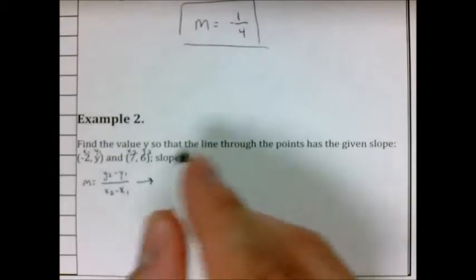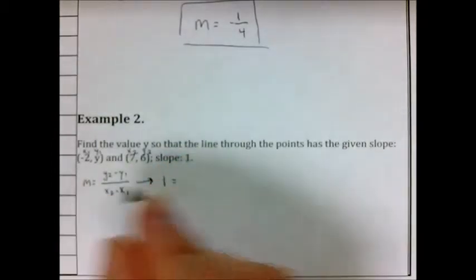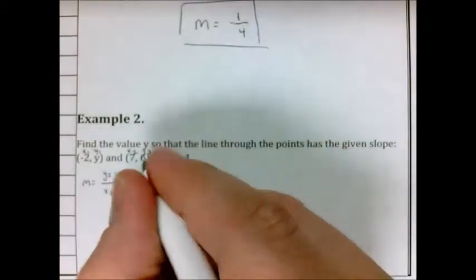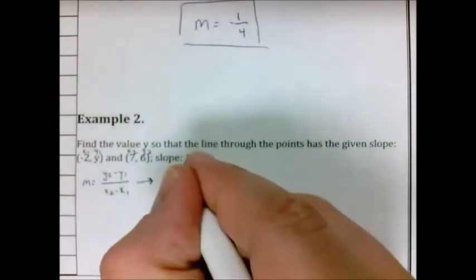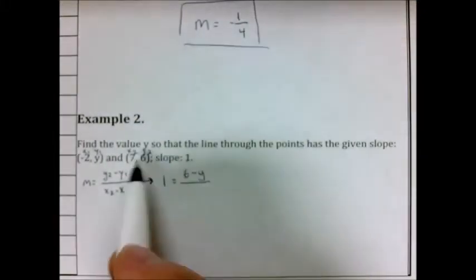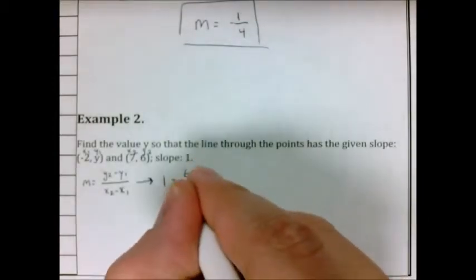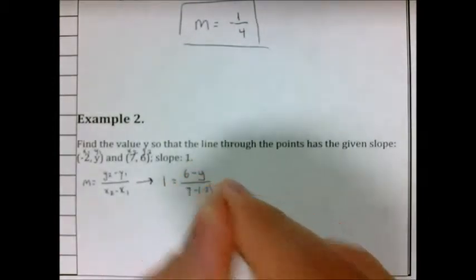Now we already know our slope is equal to 1. So 1, instead of m now, is going to be equal to y2, 6, minus our y1, which is just y, divided by y2, 7, minus x1, our negative 2, so 7 minus a negative 2.